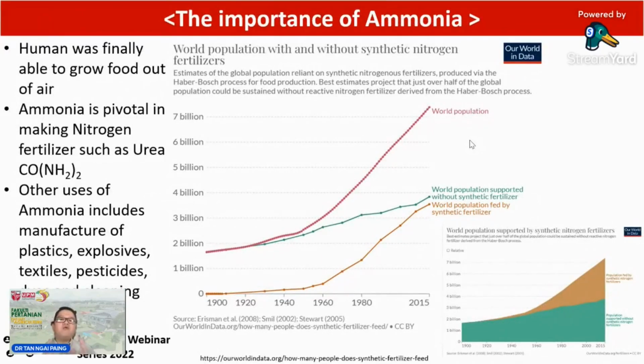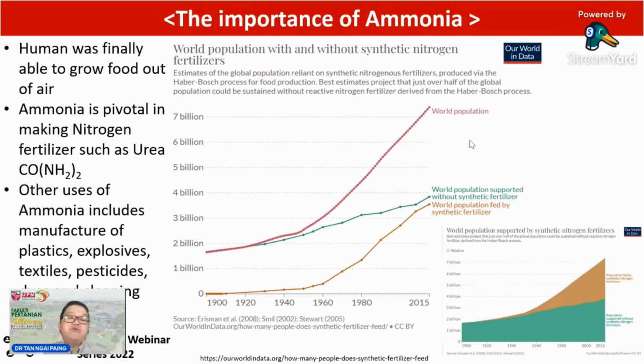So how important is ammonia? Once the Haber-Bosch process was improved, Haber and Bosch were actually awarded the Nobel Prize for that.